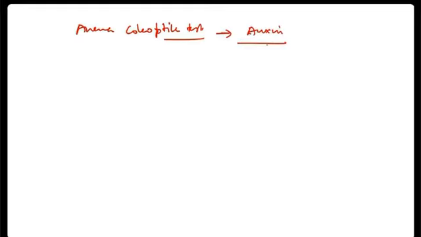This is about auxin. Have you heard about the Avena coleoptile test? This is something which is related to auxin. Has anyone read about this Avena coleoptile test, or oat coleoptile?